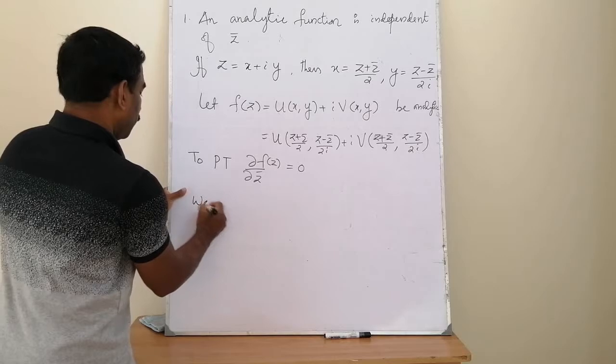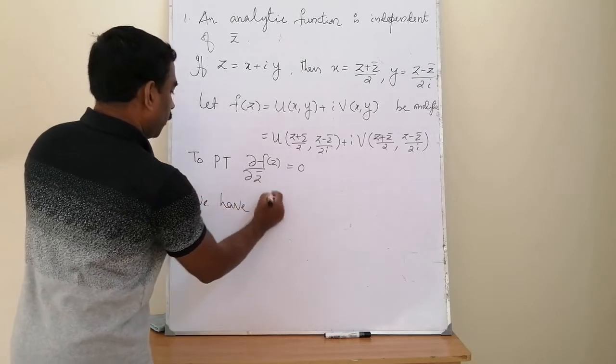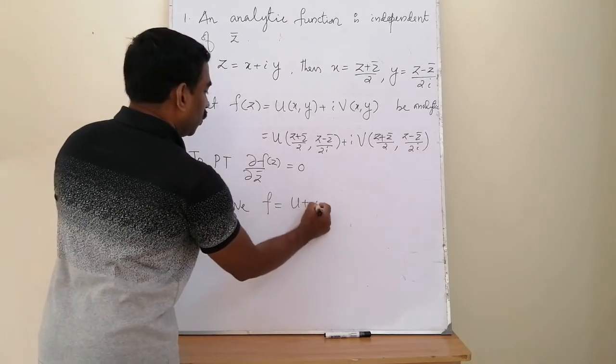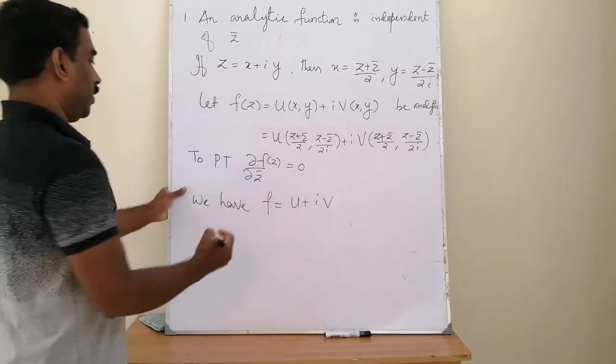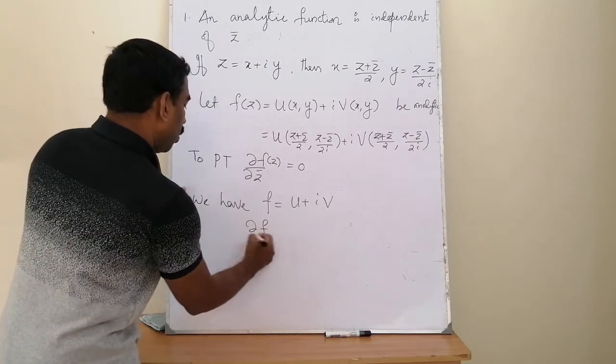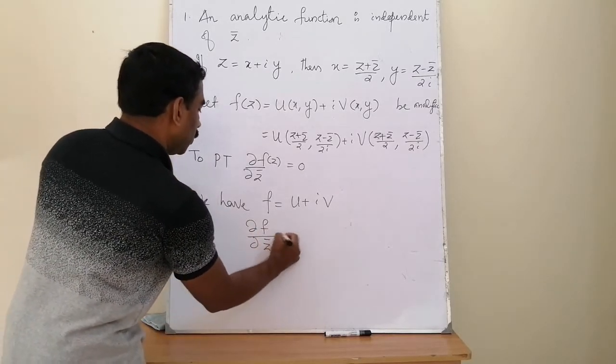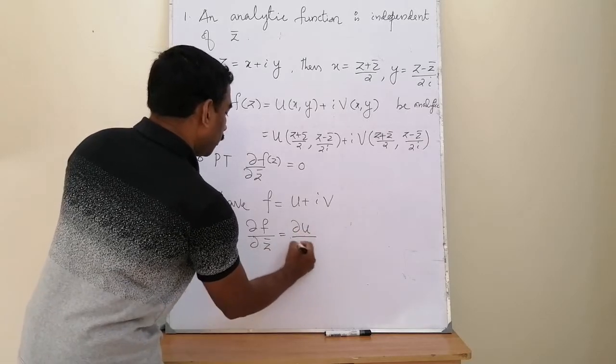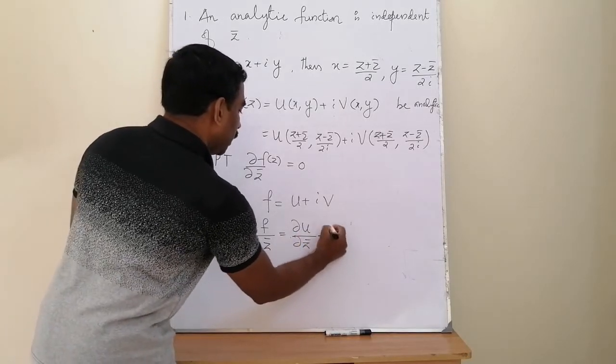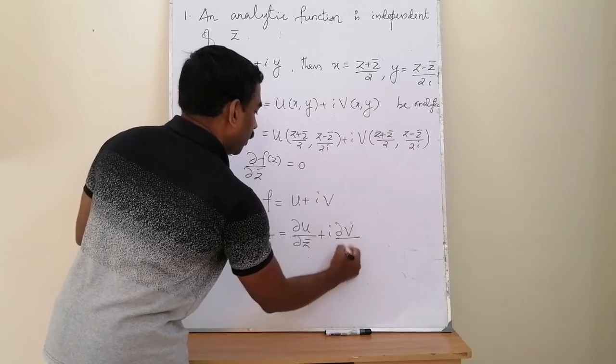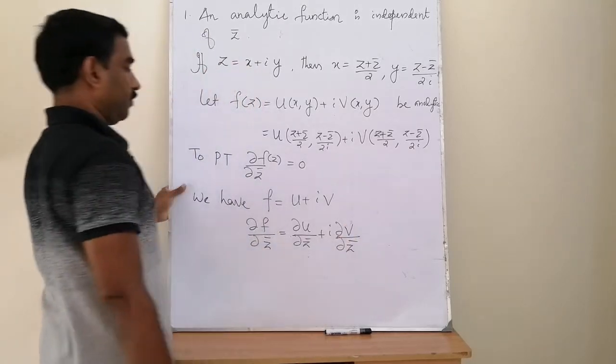So we have f is equal to u plus iv. Then what is dou f by dou z bar? Dou f by dou z bar is equal to dou u by dou z bar plus i into dou v by dou z bar.